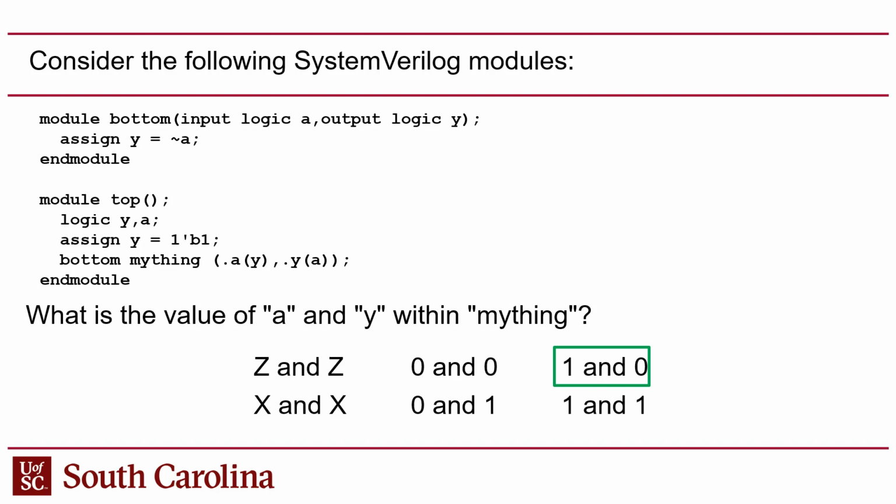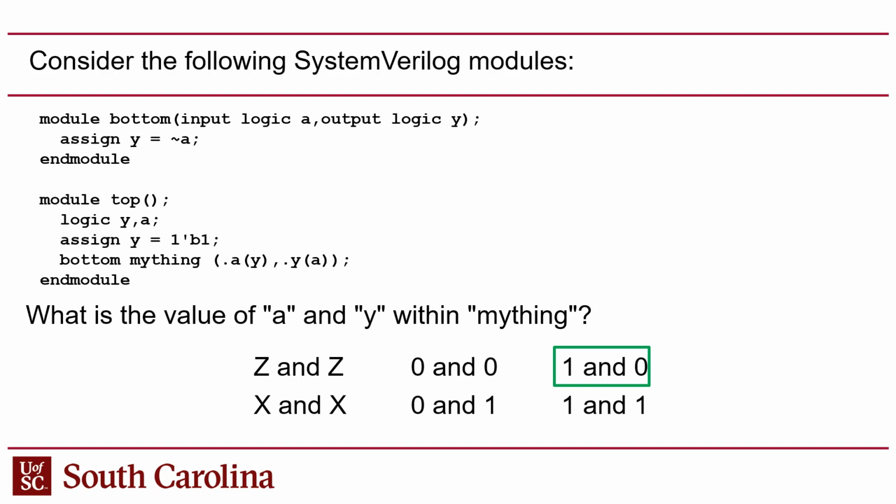Oh, sorry. Actually, I take that back. So the idea is that inside bottom, I forgot that one of these is an input and one of them is an output. My thing's A is an input and the Y is an output. So that's why I only assign the input, obviously, because if I were to assign the output inside of top, it would be double driven.